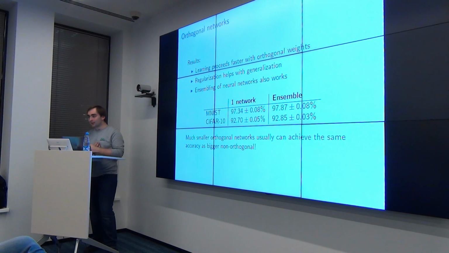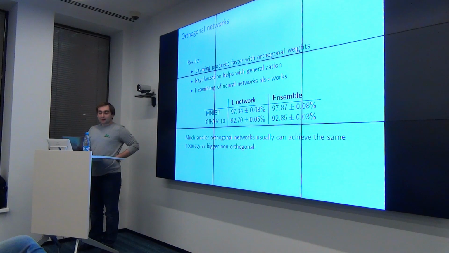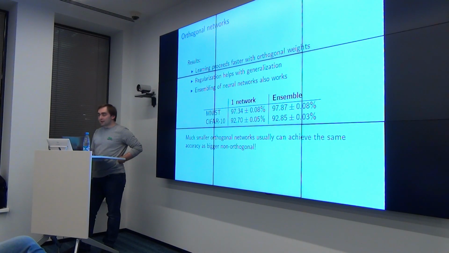Okay, not orthogonal VGG, like the same architecture that you have, but without restrictions on the weights. Yeah, we've taken the same architecture like VGG8 with non-orthogonal weights, and it got even worse accuracy. How much was that? Like 80? No, it was like 90 maybe.